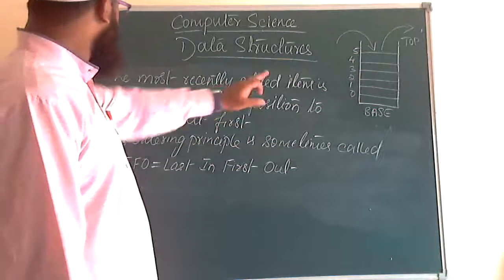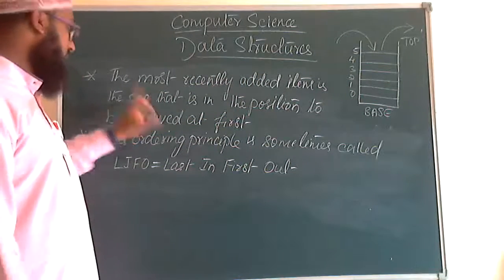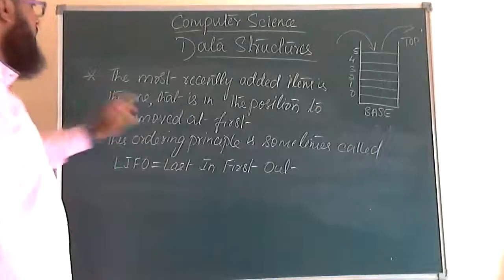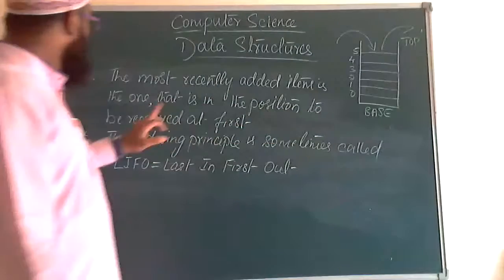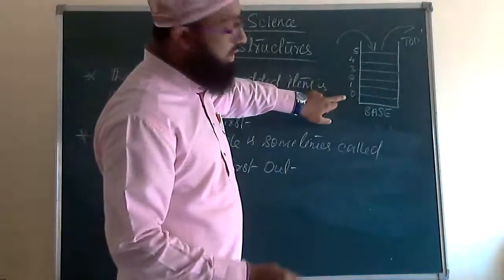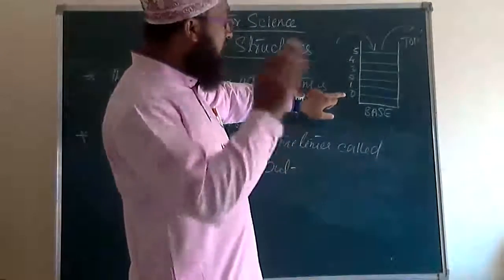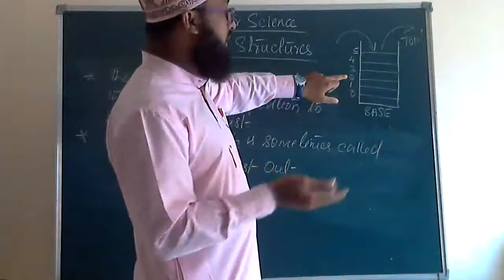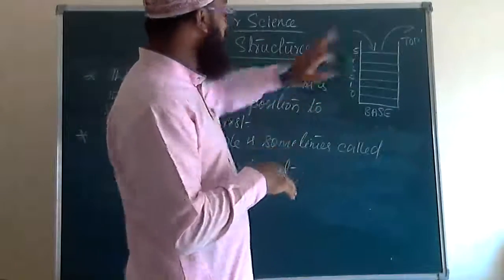The most recently added item is the one that is in the position to be removed at first. See, first we will add item 0, the first item. After that we will add item 1, then item 2, then 3, then 4, then 5.